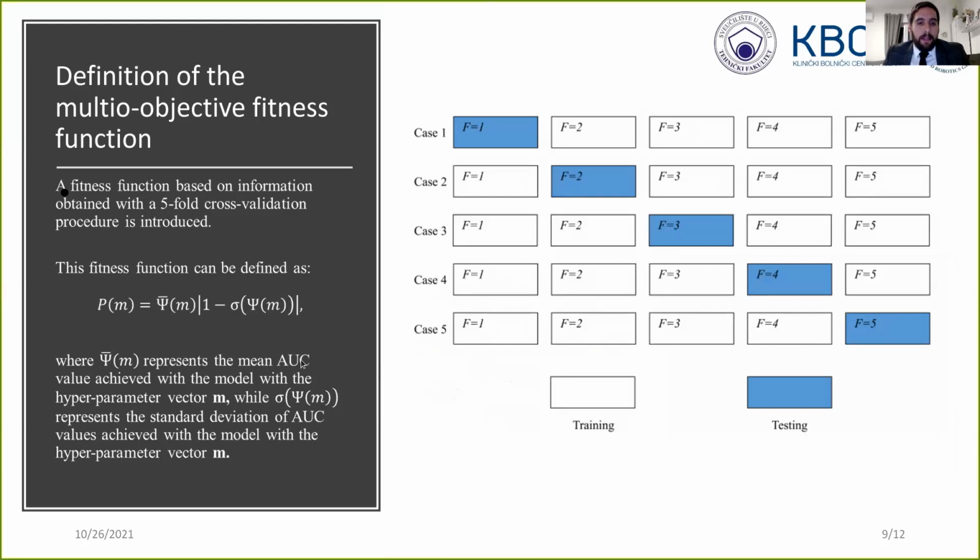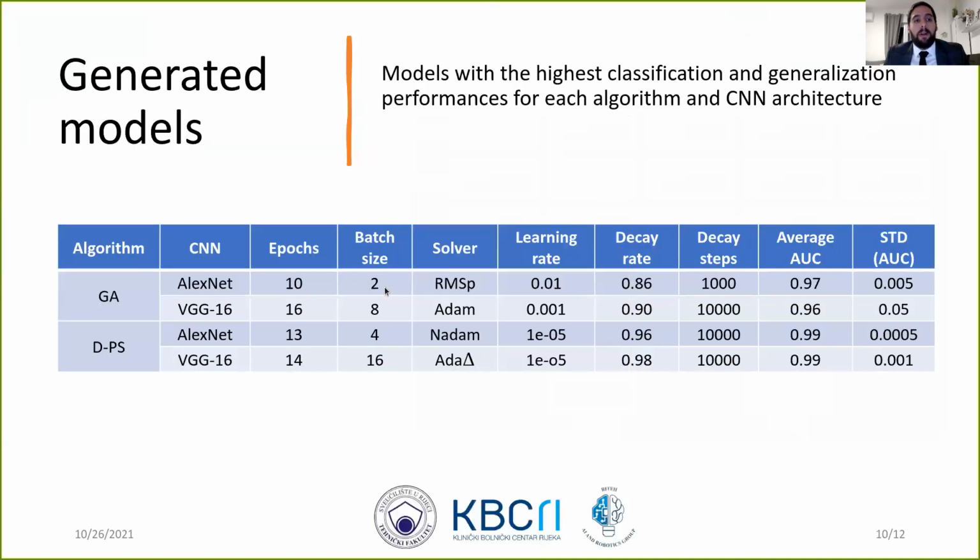Psi represents the AUC value that represents the classification performances, while sigma of AUC represents generalization performances. And by utilizing this single fitness function, we will at the same time maximize generalization and classification performances of a convolutional neural network.